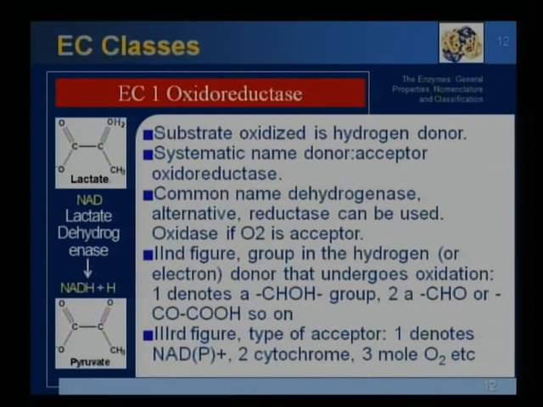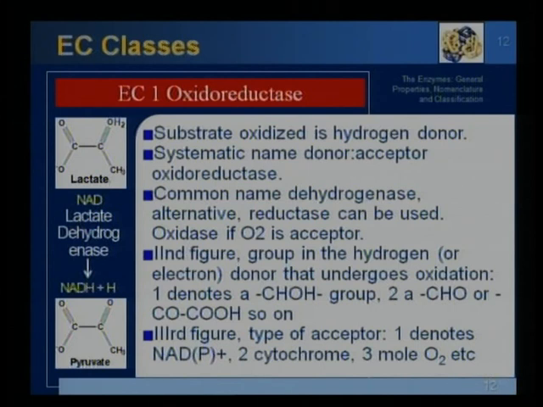Now, all kinds of oxidoreductases are further classified into different groups, and that is described by the second digit. So this second figure, in case of all oxidoreductases, is describing a group in the hydrogen donor that is undergoing the oxidation process.